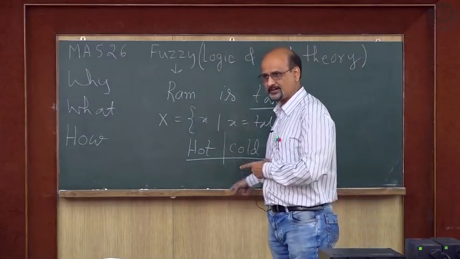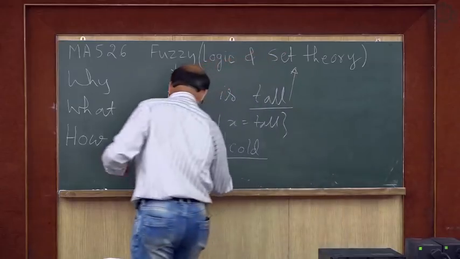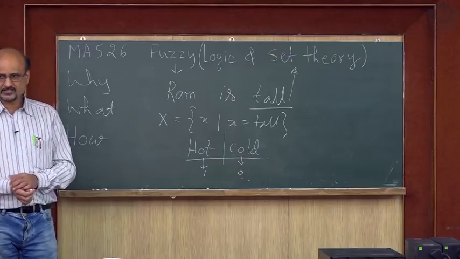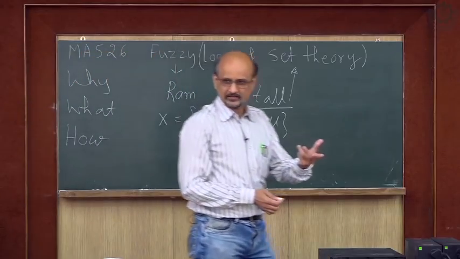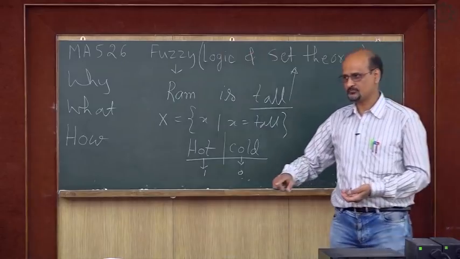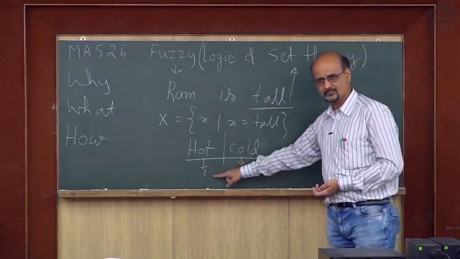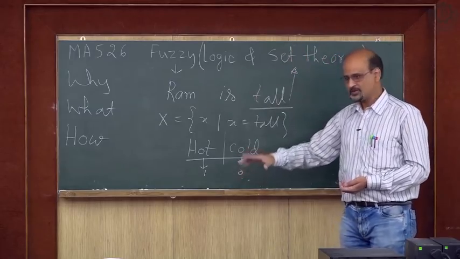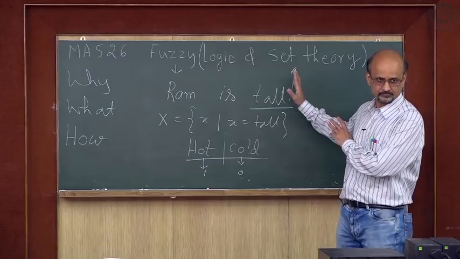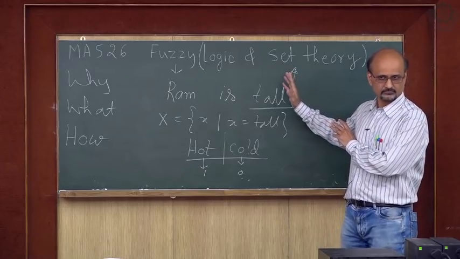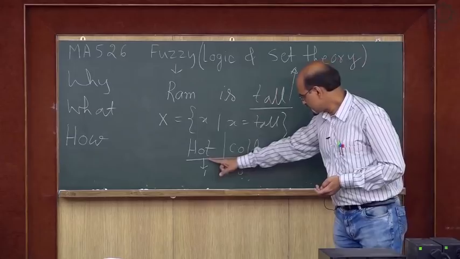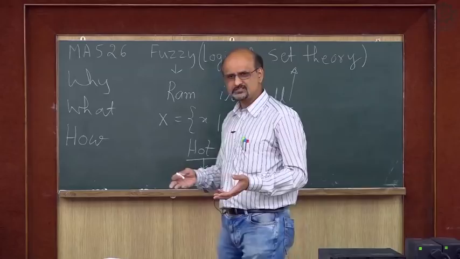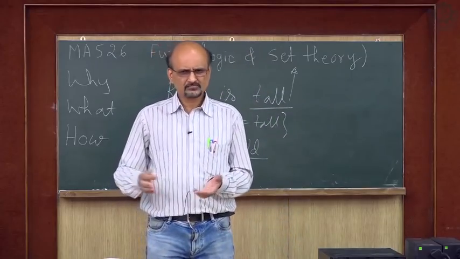That means if I designate hot as 1 and cold as 0, whatever answer you are giving is binary, either yes or no. Your yes is 1, no is 0. That means whatever set theory you have read till now is a binary system, 1 or 0. Okay? But I may say no, this is not hot, this is less hot.